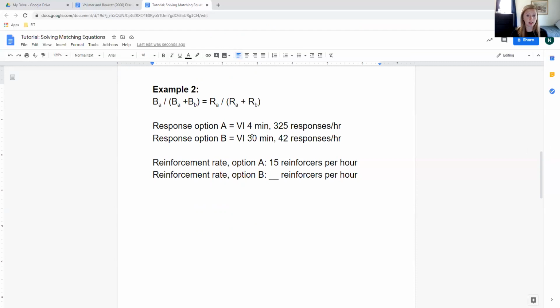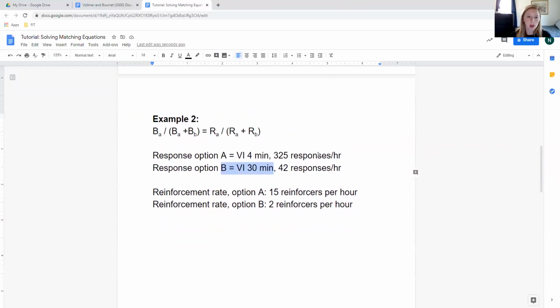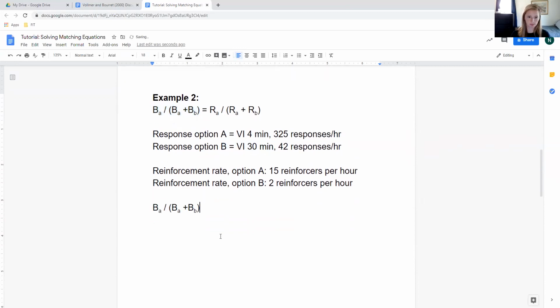Next, we're going to do that for this other schedule. We take our 60 and divide that by 30. That's 2 reinforcers per hour. So not a ton of reinforcement available on response option B per hour. Remember that the next step was to solve each side of our equation.